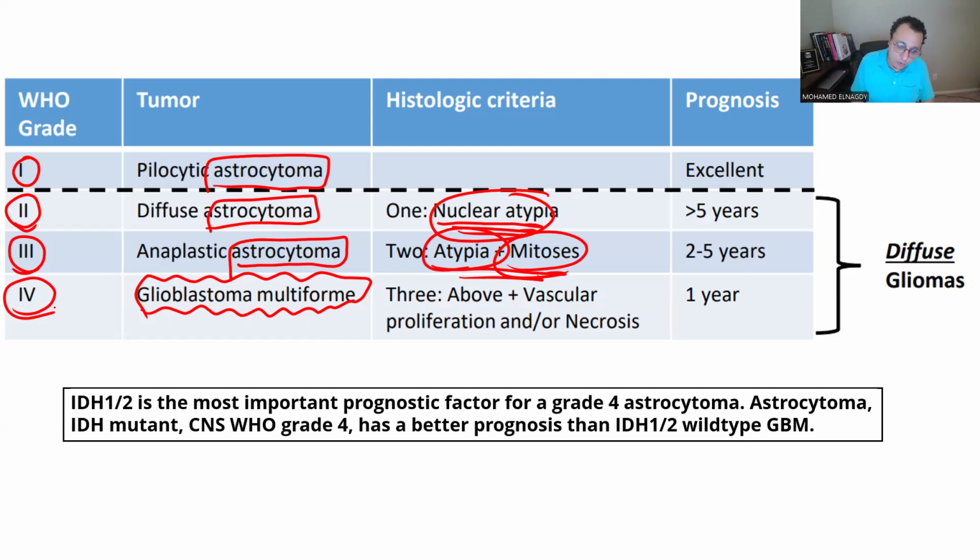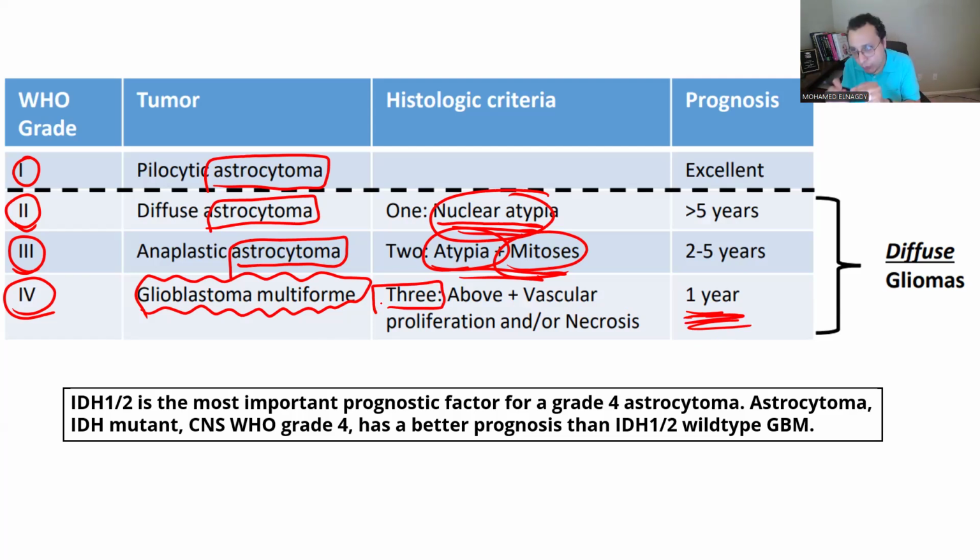If it's IDH mutant, that's astrocytoma, a little bit better. But if it's a grade 4 GBM, the survival is a year or less. Here you have 3 high-grade histological features: nuclear atypia and mitosis, plus necrosis or endothelial hyperplasia.